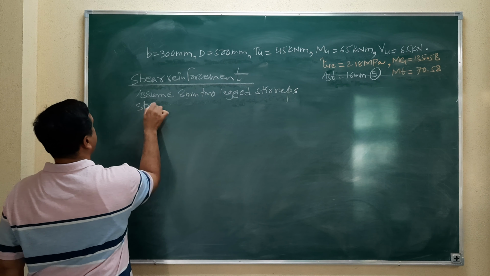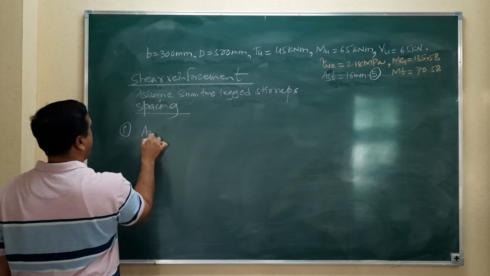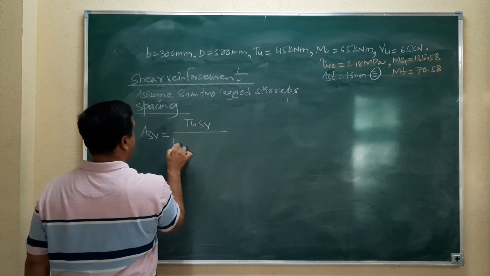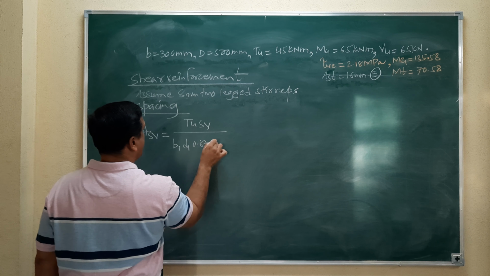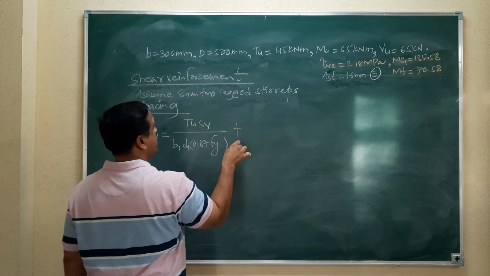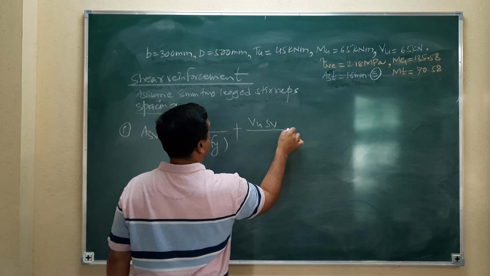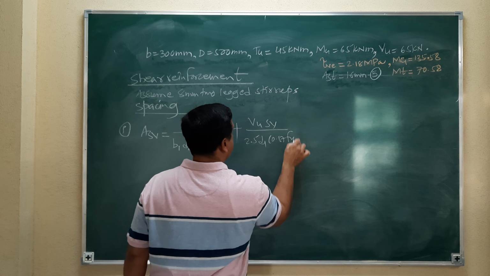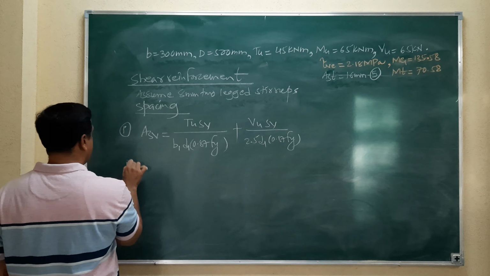So the first formula is Asv equal to Tu into Sv divided by b1 d1 into 0.87 fy, plus Vu into Sv divided by 2.5 d1 into 0.87 fy. The second formula is Asv equal to (tau v minus tau c) b into Sv divided by 0.87 fy.